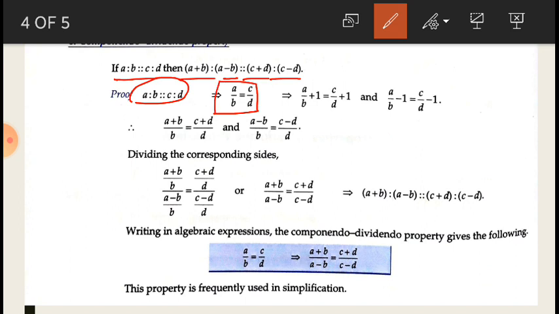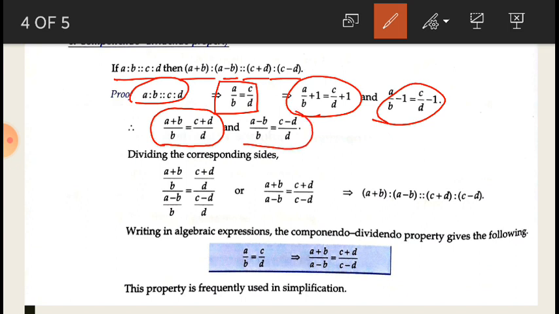Again we do the same thing as in componendo and reach a plus b divided by b equal to c plus d divided by d. And if you use the dividendo property, you will reach this portion. This is our componendo and this is our dividendo property.